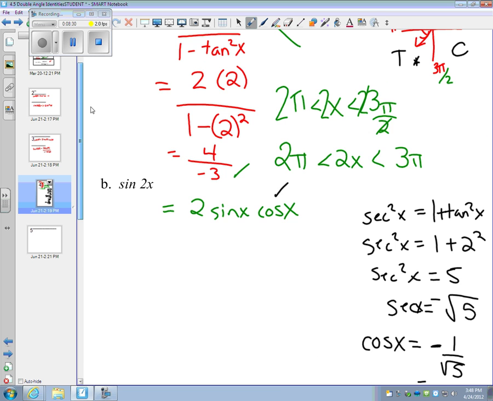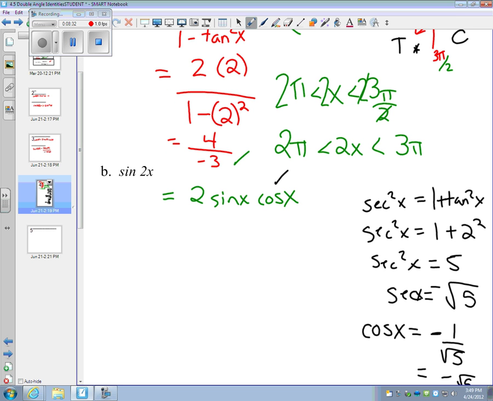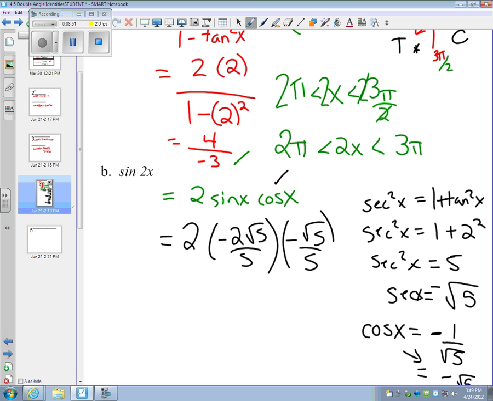Okay, so now we can sub this in. This is equal to 2 times sine x, which is negative 2 root 5 over 5 is what we found, and cos x we found to be negative, it's down over here, negative root 5 over 5. We're going to simplify.